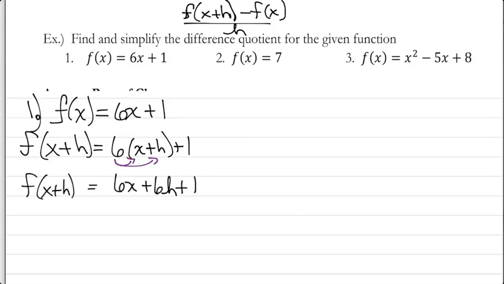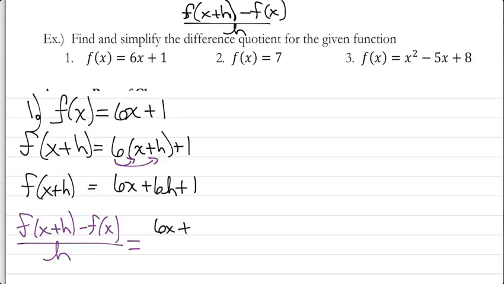That part's done. Now I'm ready to use that formula. Here's the fun part that for some reason students do not like. So instead of writing f of x plus h, I'm going to write 6x plus 6h plus 1.